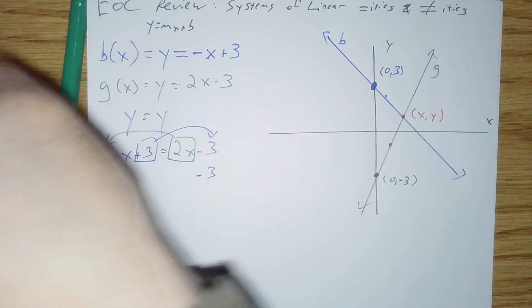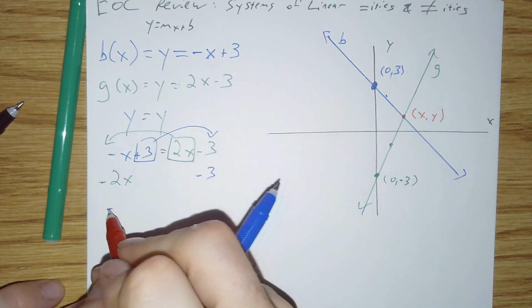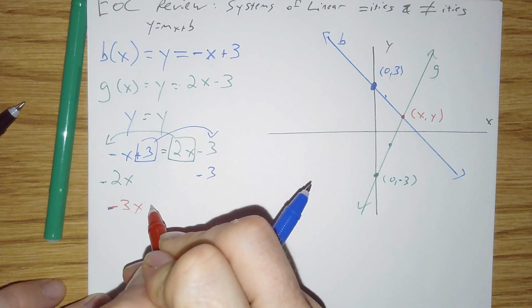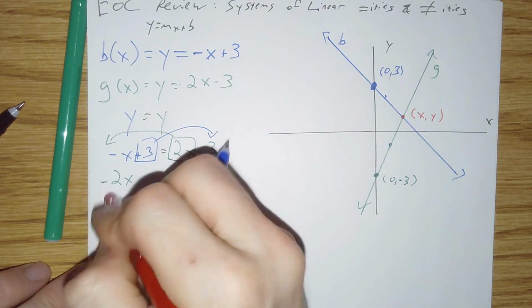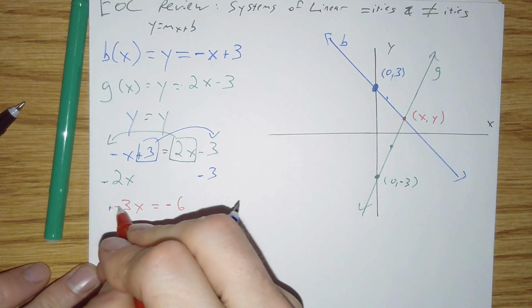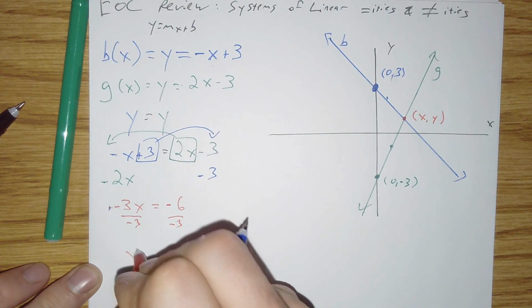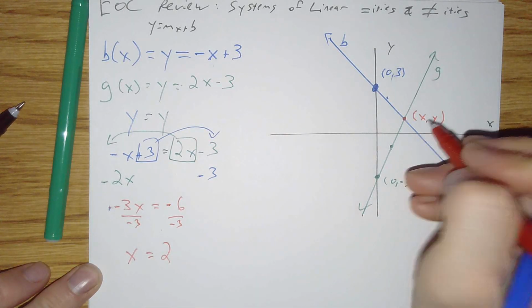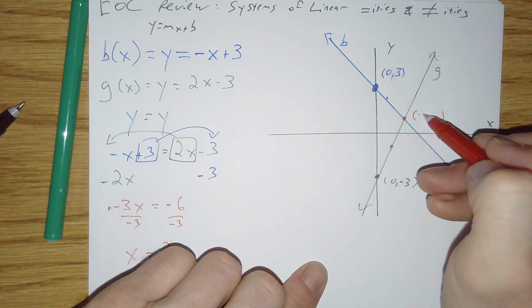Combine them, and this is going to be -3x equals -6. From here I just divide both sides by the coefficient of my variable term. So x equals 2.